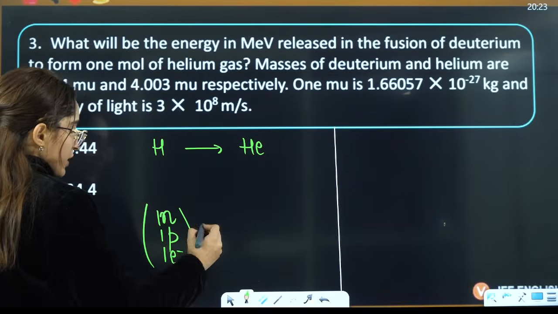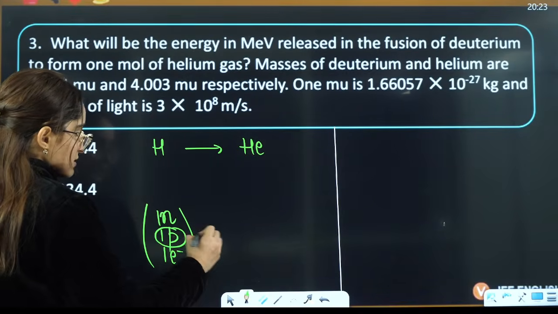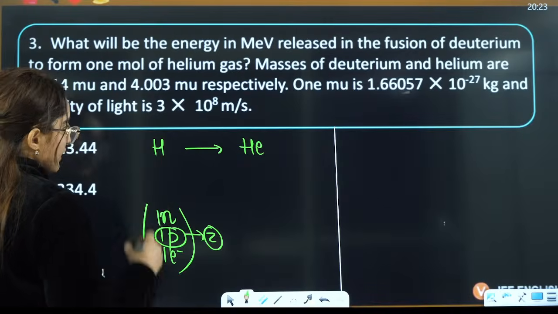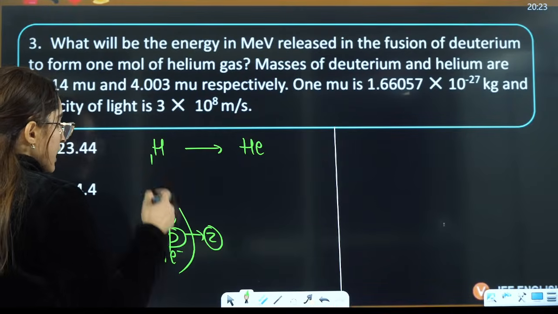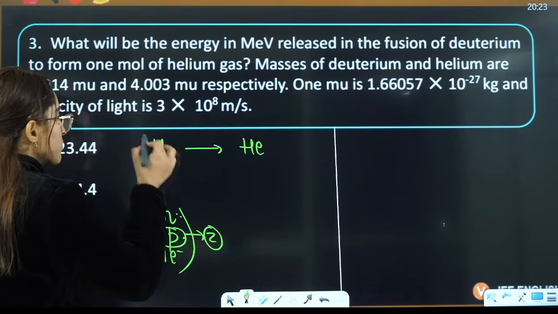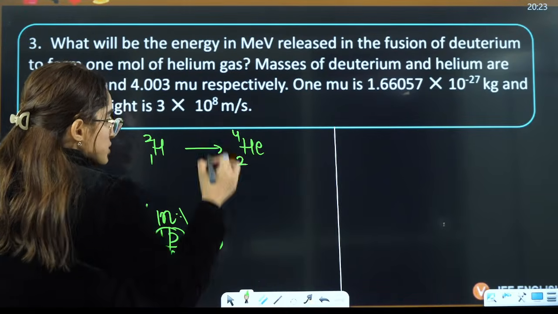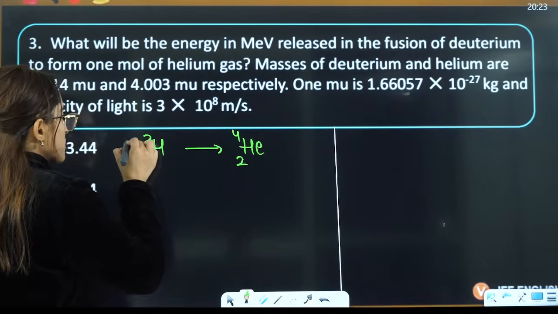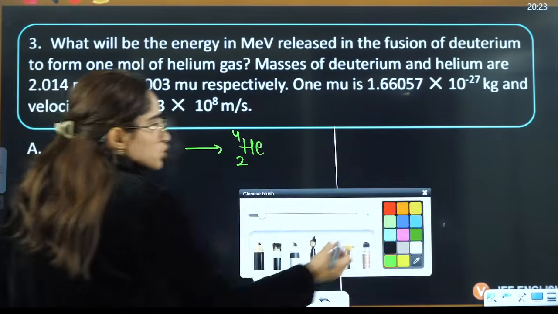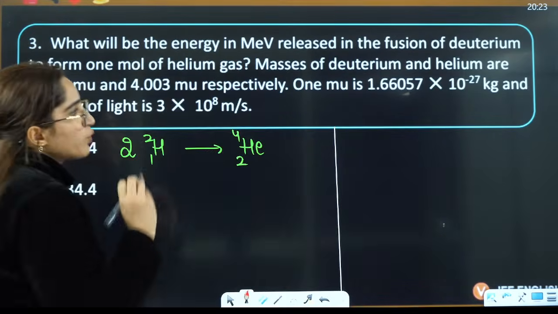So we can say Z is equal to 1, but total mass is neutron plus proton, that is 2. Similarly, helium has Z of 2 and mass number 4. So this will be multiplied by 2: 2 of hydrogen gives you helium.